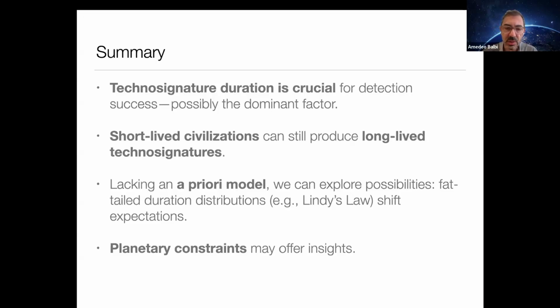But I think it's a very interesting point, and unfortunately, based on these mathematical models, I think that the chances of detecting something which is very similar to our level of technology, or the kind of technology that right now we are capable of producing, is very small. We have a very small chance of doing that. So I think we are biased towards long-lived artifacts or long-lived technosignatures, and this is something we should take into account. Yes.